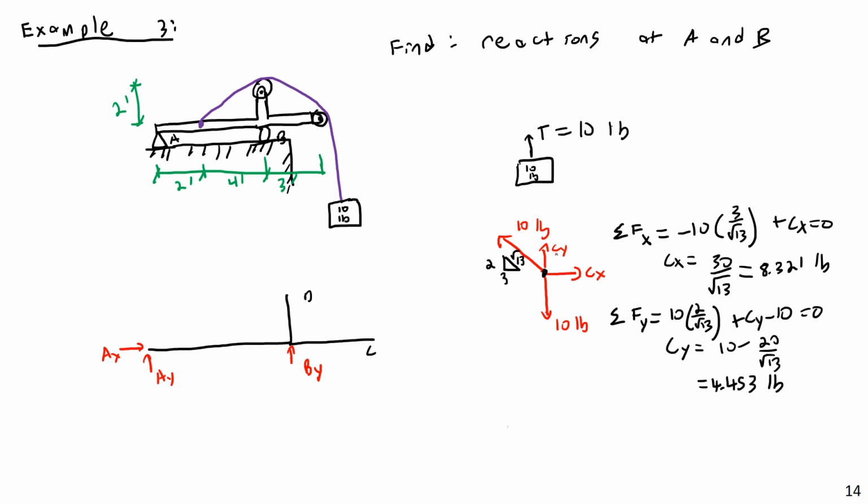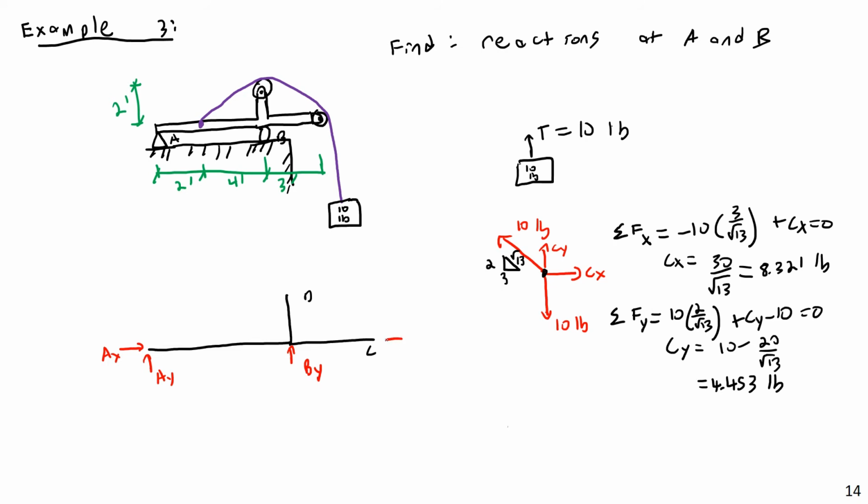So again, that piece of rope is being pushed to the right and upward by whatever force is present at that pulley. And so, if the rope is being pushed to the right and upward, the pulley must be being pushed, or in other words, the rigid body here, the frame, must be being pushed to the left and downward.